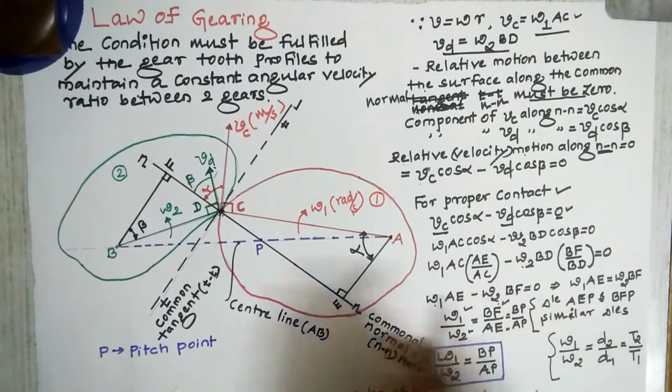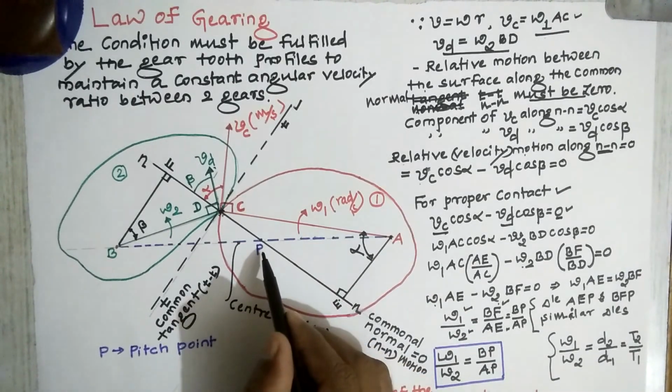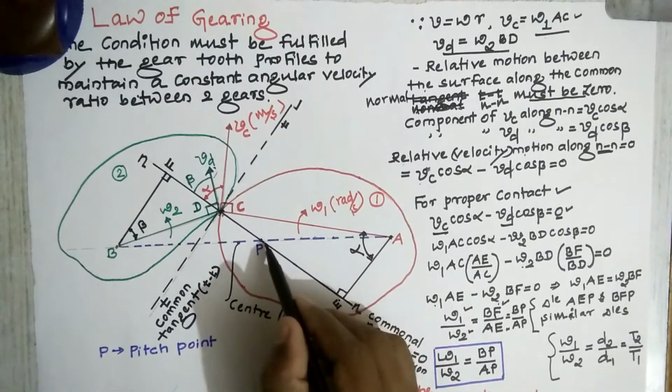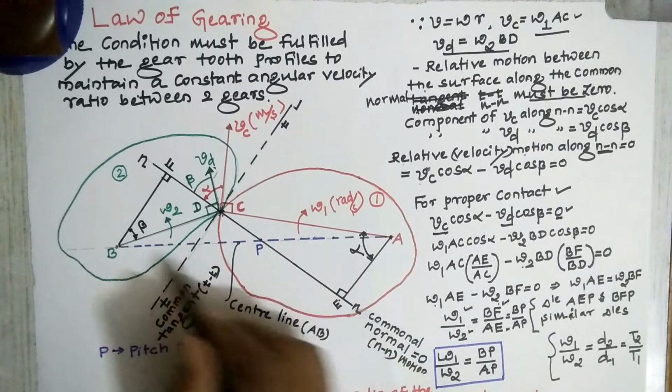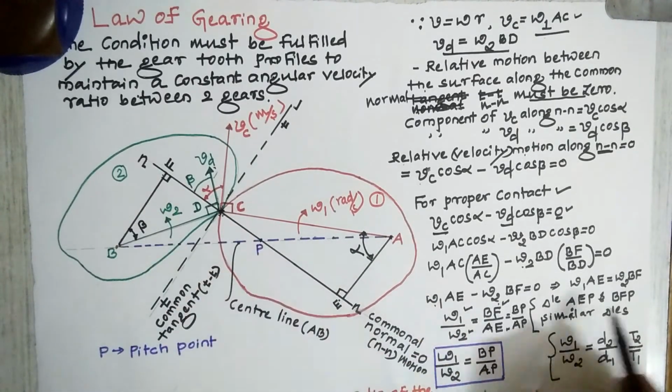Then consider the triangle AEP and similarly BFP; these two are similar triangles. Everybody knows this concept: omega 1 by omega 2, the angular velocity ratio, equals the reciprocal of the diameter. Look at this one, the reciprocal of the diameter.